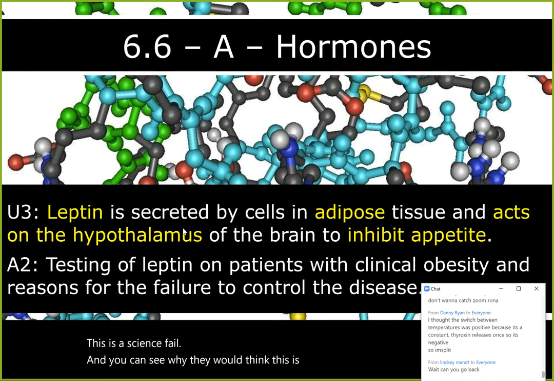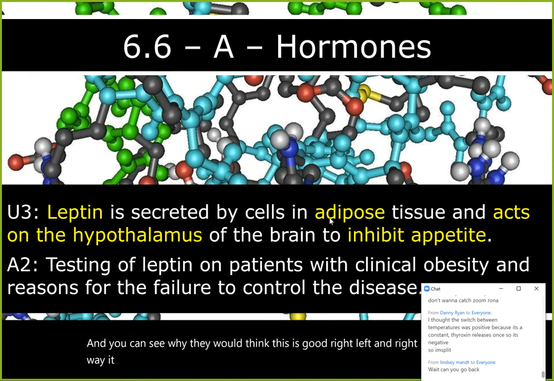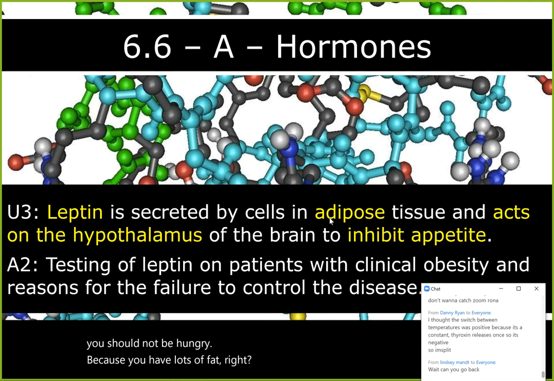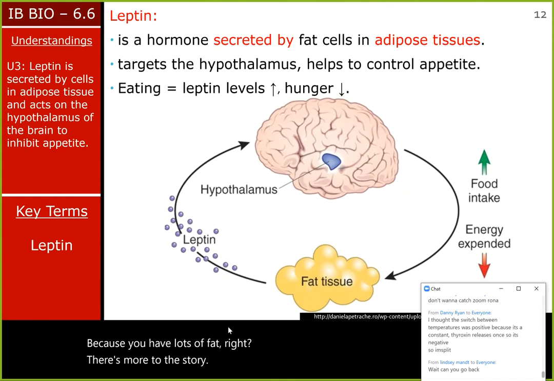Like leptin, the way it should work, or the way we think it works, well, the way it does work, is if you have lots of fat in your body, then you release lots of leptin, which means you should not be hungry because you have lots of fat, right? Well, there's more to the story.